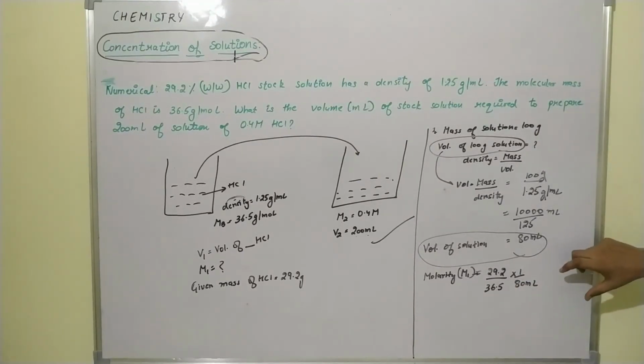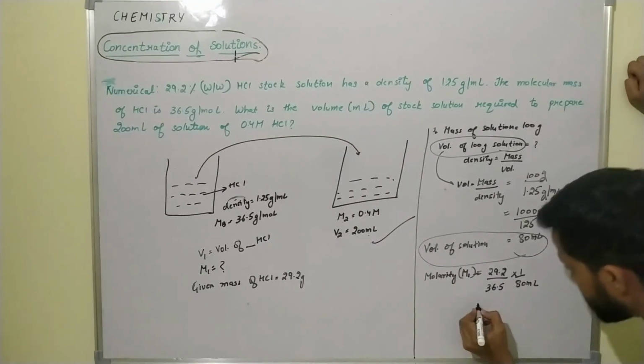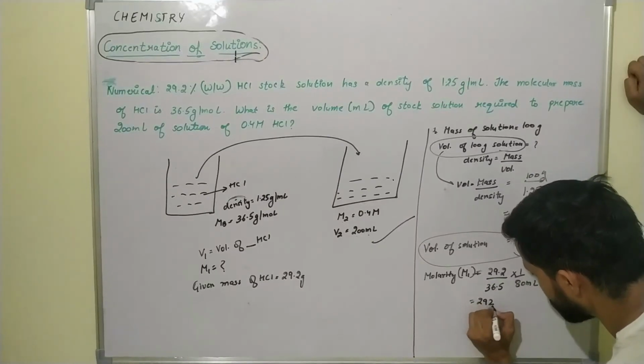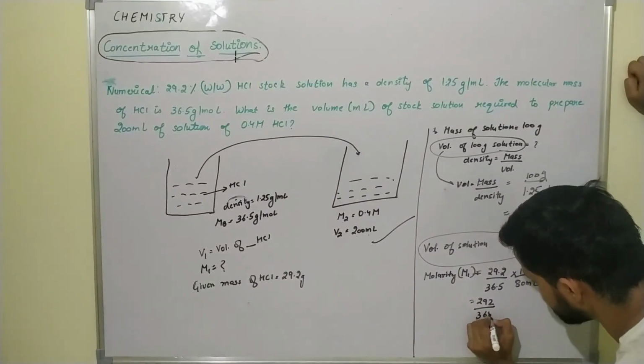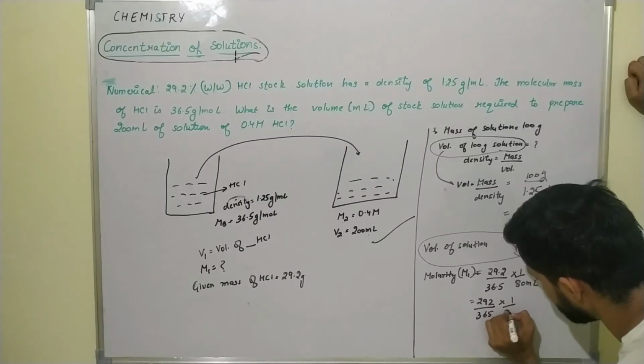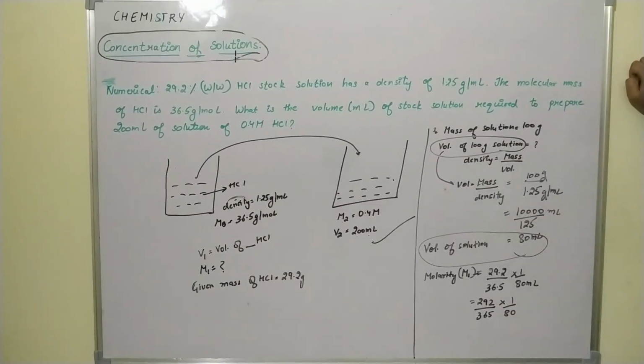Is it clear, students? Now we have to calculate the molarity of the solution. So here we have 29.2 divided by 36.5 into 80. Students, you have to calculate the molarity of the solution.